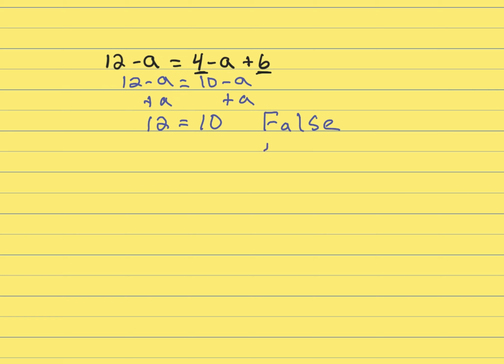If this is false, there is no solution to this. Anytime you get a false result, that means there's no solution. So there's no value that I could put in there for a that is ever going to work for this problem. Anytime that's false, that's what that's going to be.